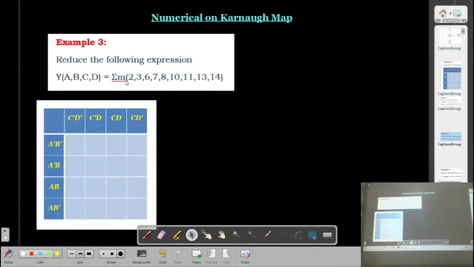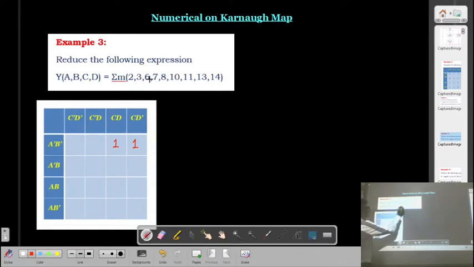Reduce the following expression whose min terms are 2, 3, 6, 7, 8, 10, 11, 13, 14. So first of all, we have to prepare the Karnaugh map and fill up the positions of these min terms. So what will be there? 2, 3. So M0, M1, M2 and M3.